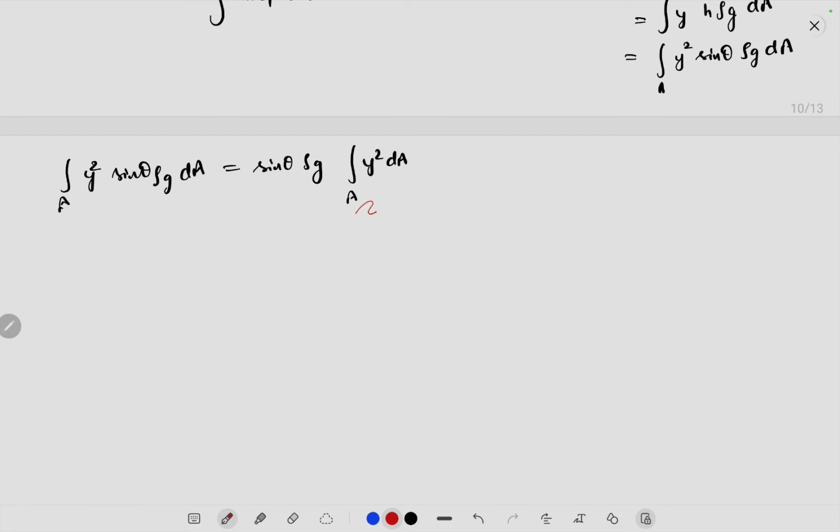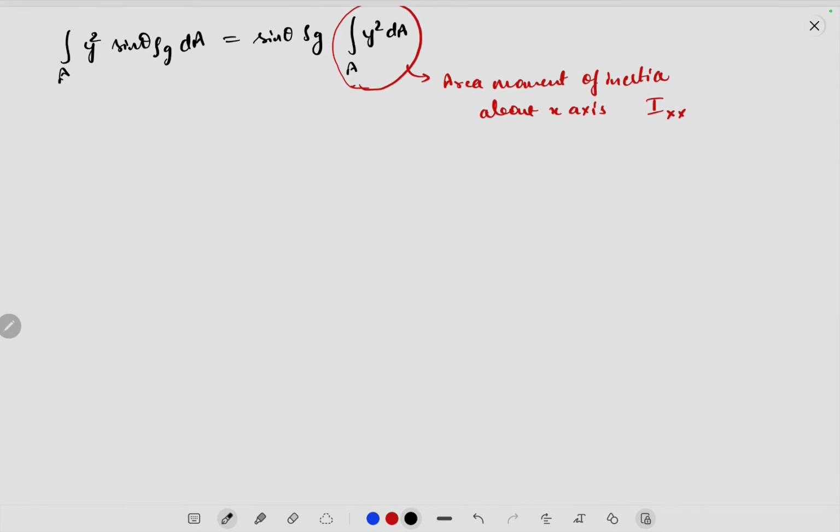Now this integral of y square dA has a special name. This is called area moment of inertia, and since this is the area moment of inertia about the x-axis, it is denoted by Ixx.